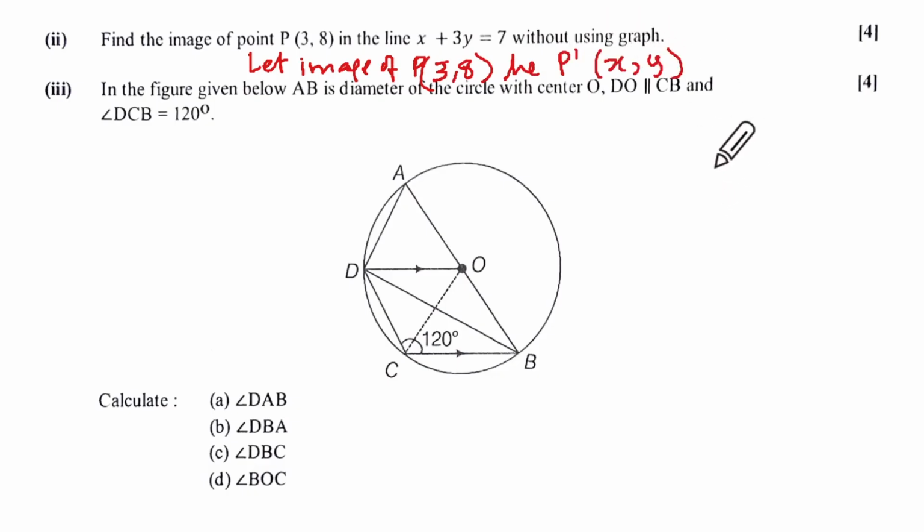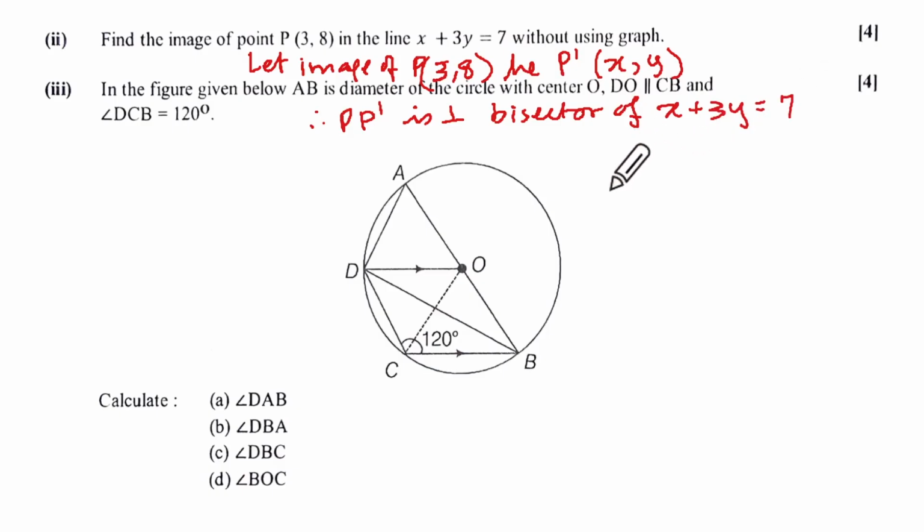Correct? So therefore you will say that PP dash is perpendicular bisector of the line x plus 3y equal to 7. The line must be the bisector of PP dash.